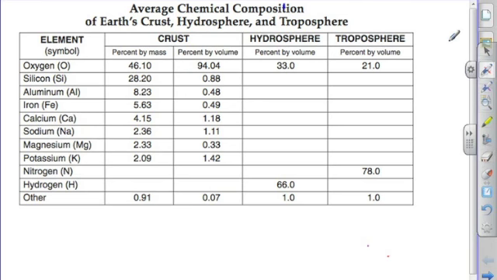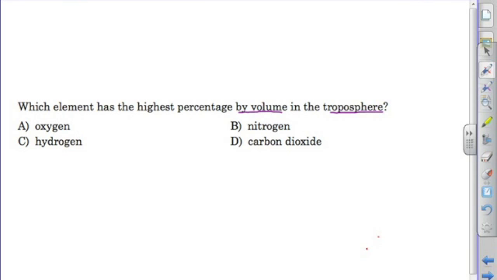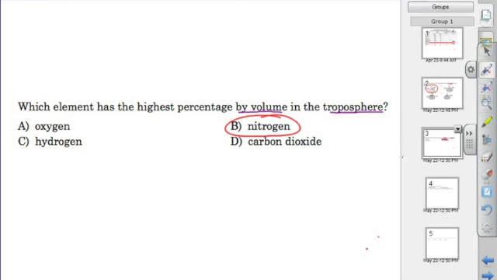Troposphere, highest percentage by volume. When I bounce to my troposphere column, it looks like the largest number is here, which belongs to nitrogen. So when I go back to my question and I consider my choices, there it is, nitrogen. Perfect. These are very easy questions and very straightforward, easy points to get.